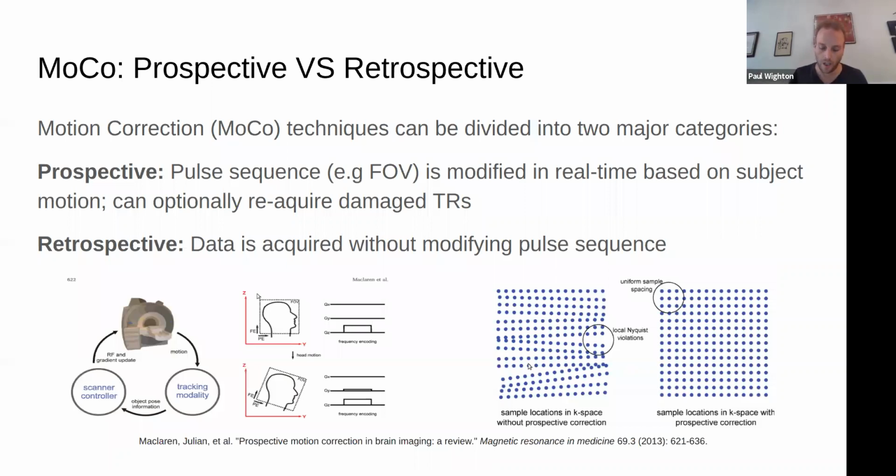That is, there is some mechanism to track how the subject is moving in the scanner, and that information is fed back to the scanner controller, and the pulse sequence is modified on the fly to realign the field of view, to keep it aligned with the patient's head.